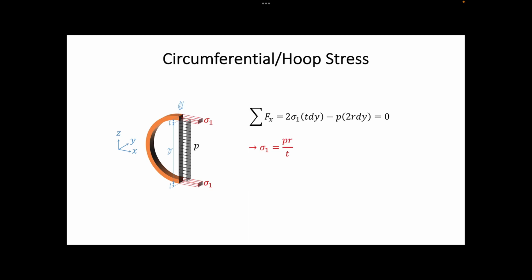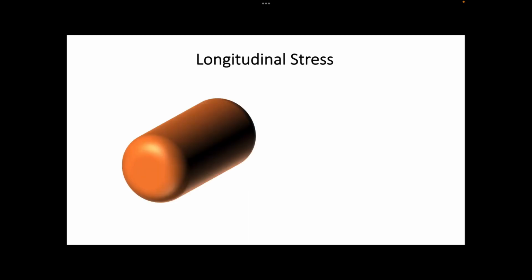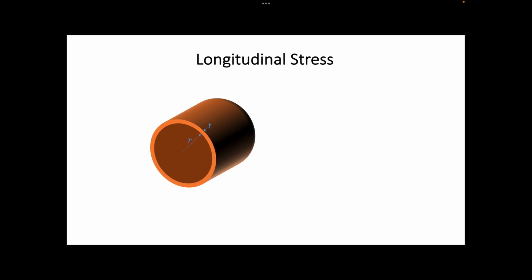Next, we can find together the longitudinal stress. For that, let us use this plane to cut through the vessel. Keep one half to study the equilibrium. Use the coordinate system that we had before, but this time we will study the equilibrium of forces in the y direction.